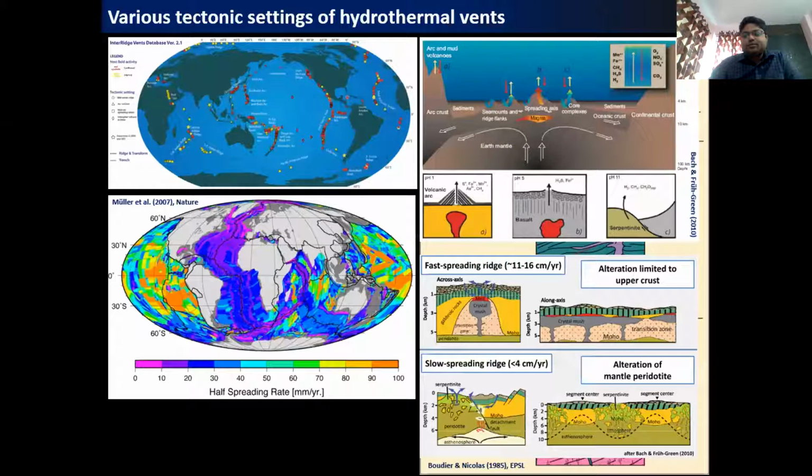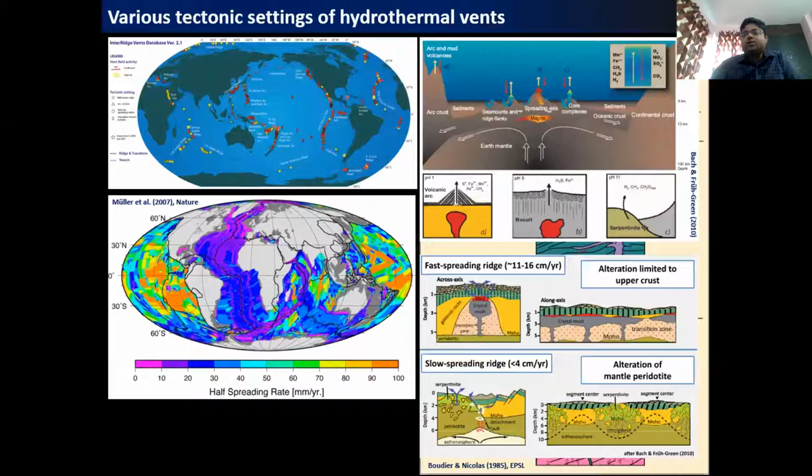So there are two types of spreading ridges. One is the fast spreading ridge, where the oceanic crust spreads very fast, and that's why the alteration is limited to the upper crust, because this is very obvious. When the oceanic crust is moving very fast, the water is not getting enough time to penetrate.